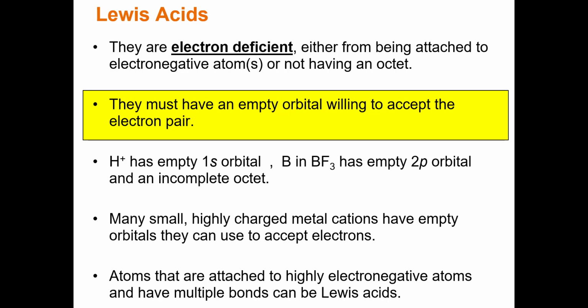So when we said things like aluminum +3, iron +3 that are dissolved in water are functioning as an acid, this is another way we can explain that as well. And then if you have an atom that is connected to some highly electronegative atom and it can have additional bonds to it, it can behave as a Lewis acid.